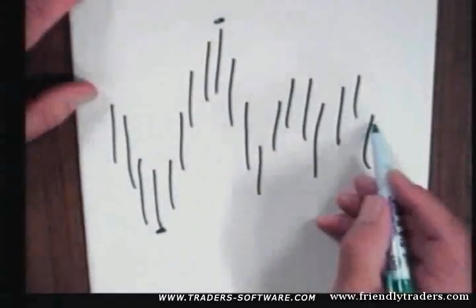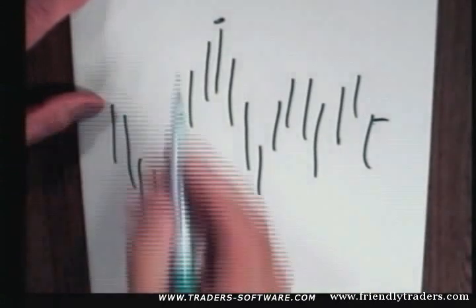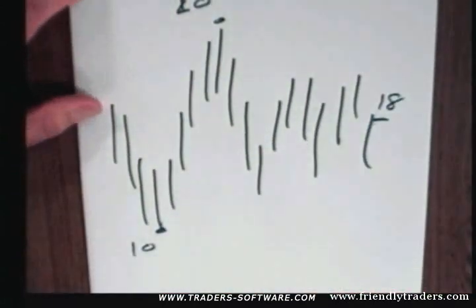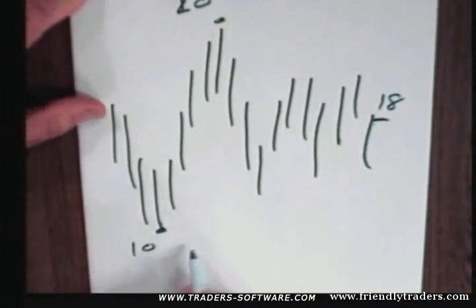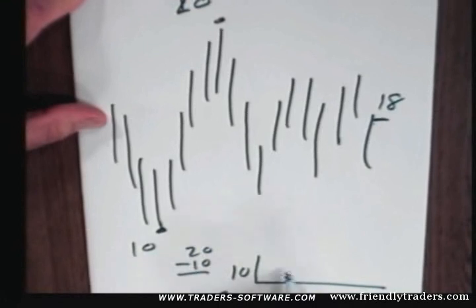and today's close. Let's say that the lowest low of the last 14 days is 10, the highest high is 20, and today we closed at 18. I will subtract the low from the high, which gives me 10, and divide that into the close minus the low, which is 8.